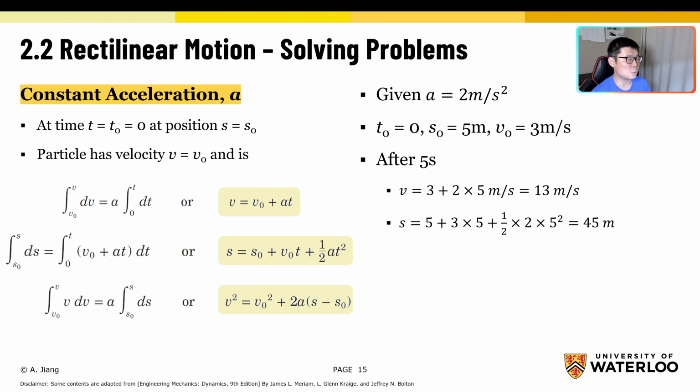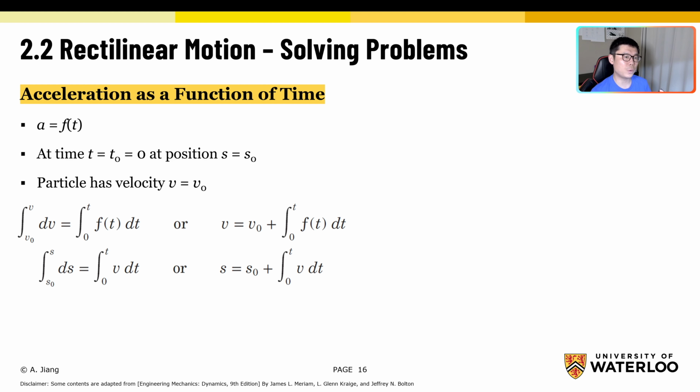After 5 seconds, we can calculate the velocity and the displacement, which are 13 meters per second and 45 meters. I'd like to pause here for a few seconds to look at the last equation here. This equation is derived from v dv equals a ds. It will be especially useful when the time is not given.